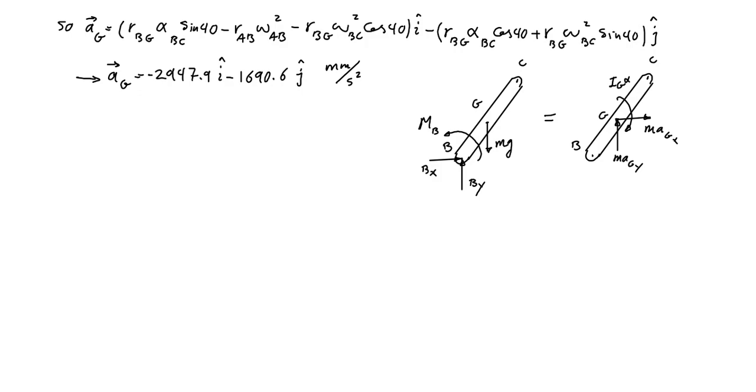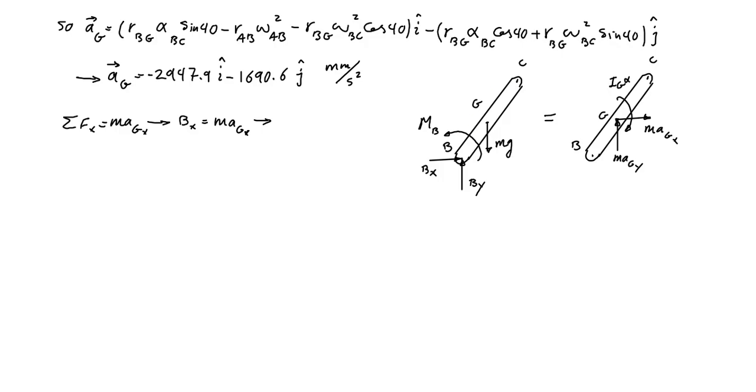Summation of forces in x direction would be m a G x. From there, B x is equal to m a G x. What is that? Well, I know what a G x is. I already got it. M is 12 kilogram for this arm.